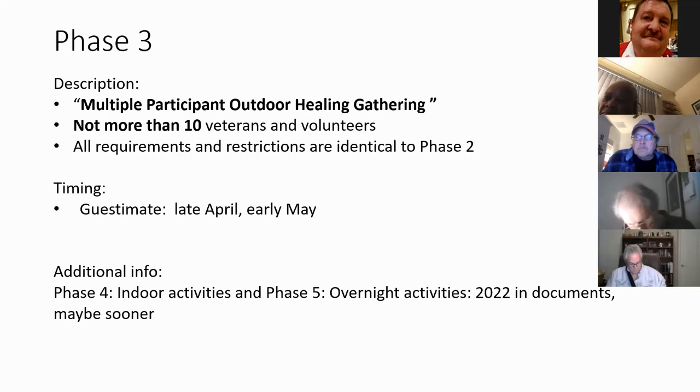The requirements that they've put in for phase 4 and phase 5 talk about full nationwide implementation of a vaccine program, but they don't acknowledge that there's any of it going on right now. So in my mind, it's a critical issue and they have to address it. But as it stands right now, being vaccinated or not does not count, believe it or not. So that's what I've got in phase 2 and phase 3. Questions or comments, please.